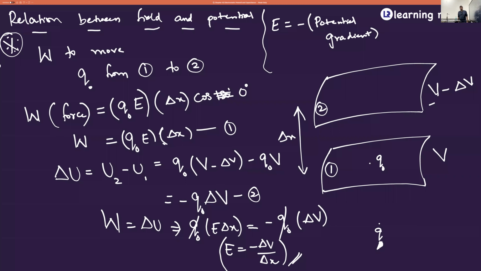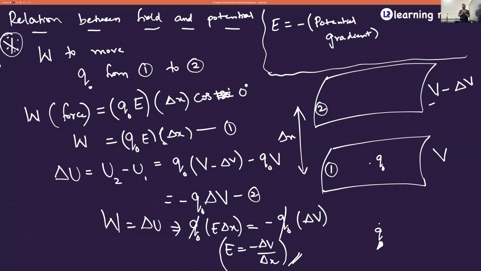Clear? So here, make a note. Negative sign indicates that the electric field is always in the direction of decreasing potential.